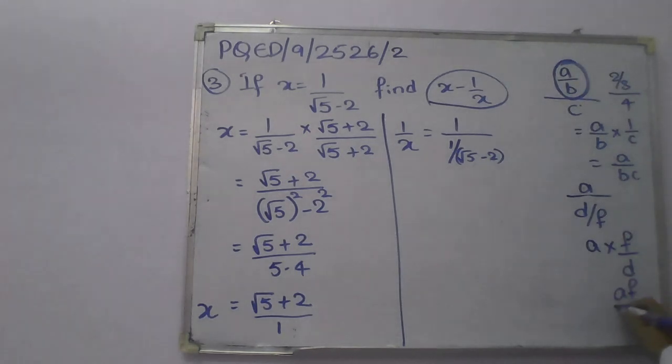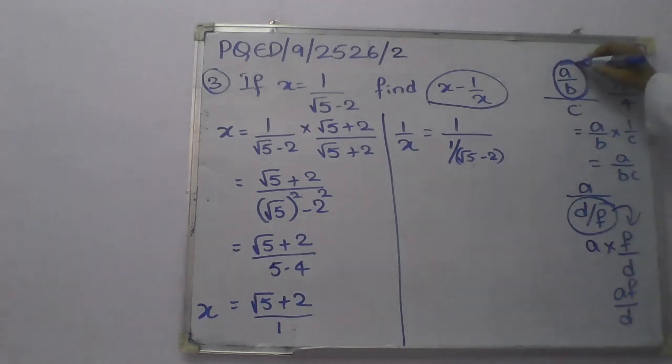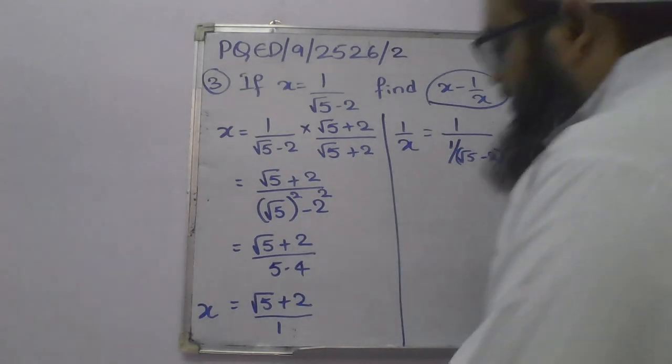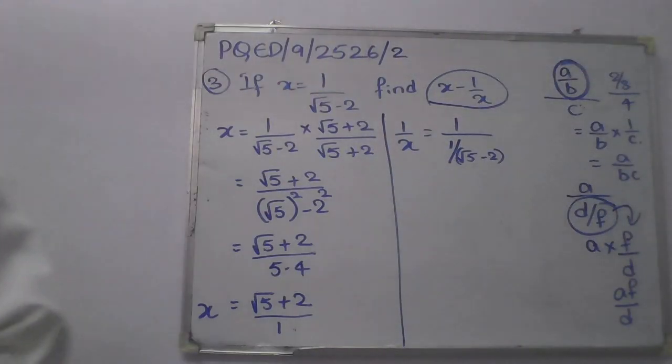So it will become af by d. So the concept is, don't get confused. If you have a fraction in the denominator, you multiply and you take the reciprocal. If you have a fraction in the numerator, it will be written as it is and the denominator is multiplied into the denominator itself. Clear?